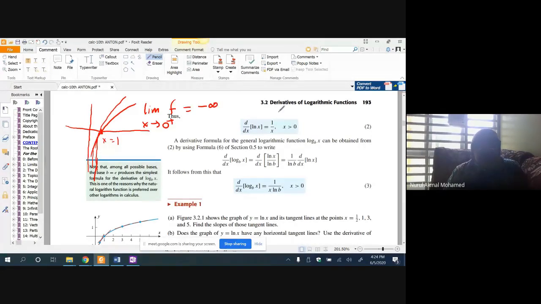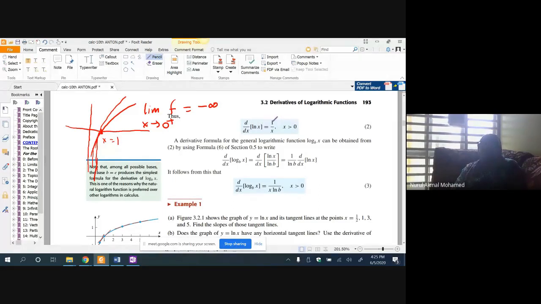And here it's written x greater than 0 because the logarithmic function is only defined for x positive. It is not defined for negative x. So this is for ln x.